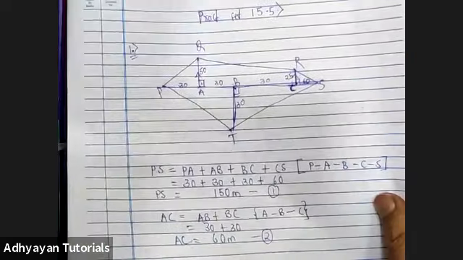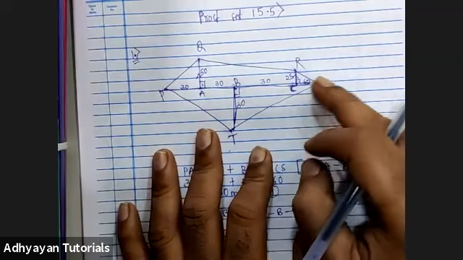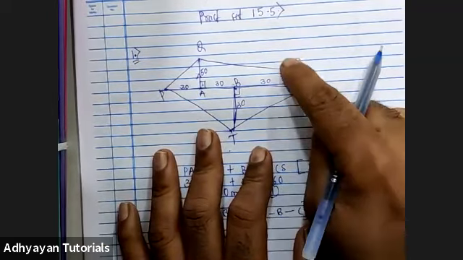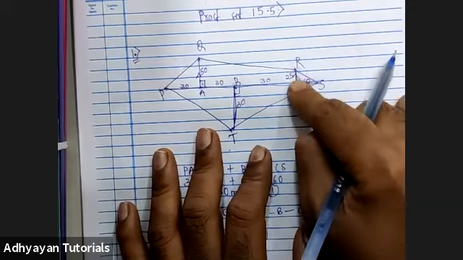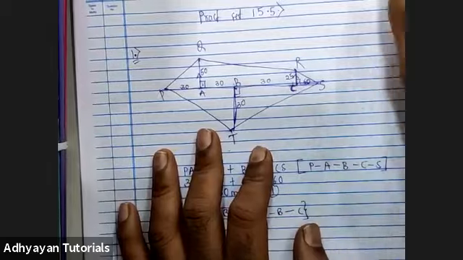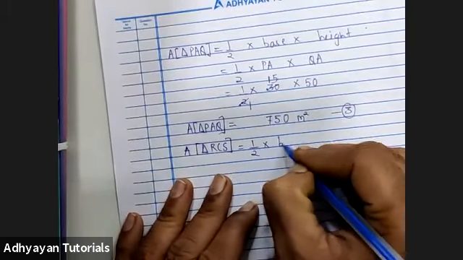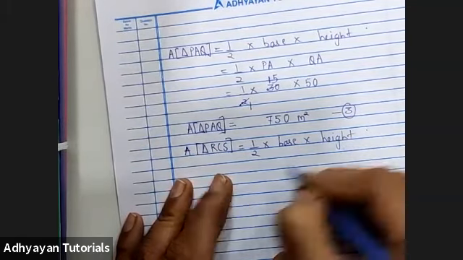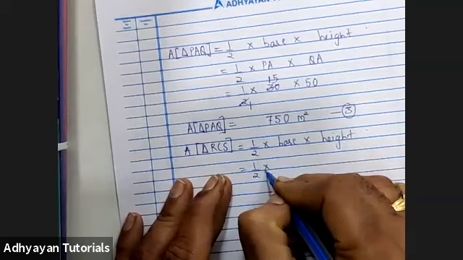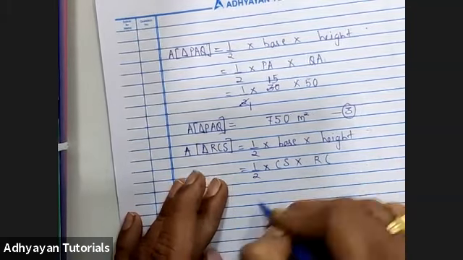Vedika, here is the previous page. Don't worry, I'll give you time to copy this. I'll show the previous page whenever needed. So area of triangle RCS is nothing but again half into base into height. The base would be CS, height would be RC, right? So half into base into height. Okay, so the base, as I said, has to be CS and the height has to be RC.